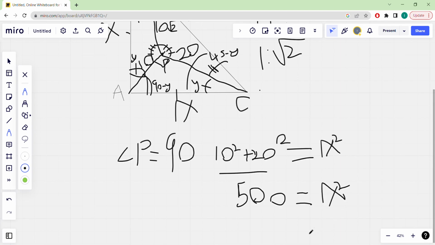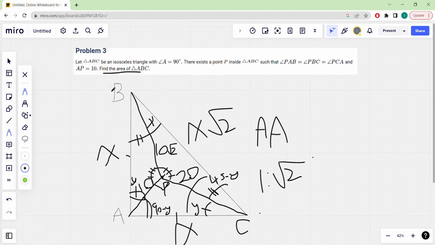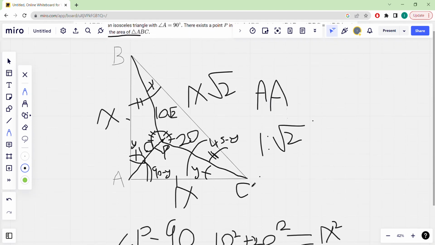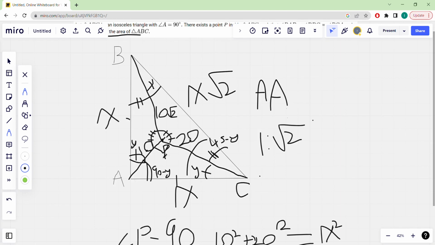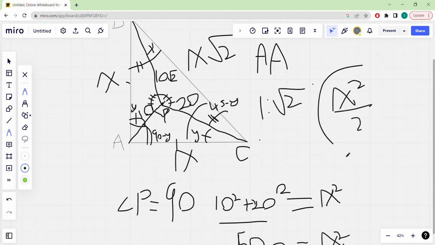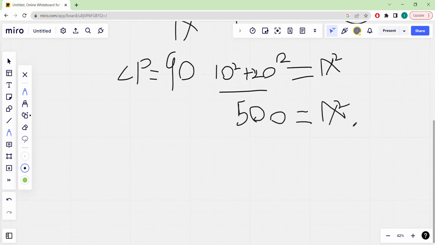We could try to just square root both sides and find x, but since we're looking for the area of ABC, the area is just going to be base times height, which is AC times AB, or x squared over 2. So to find this, we can just take x squared equals 500 and divide both sides by 2.